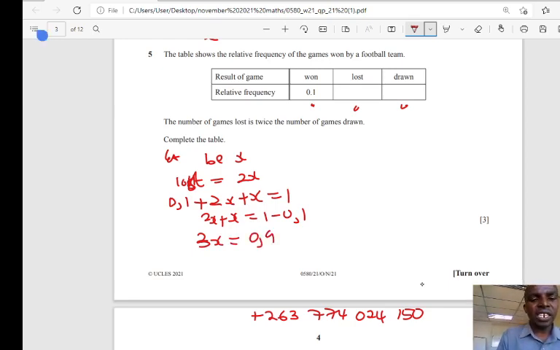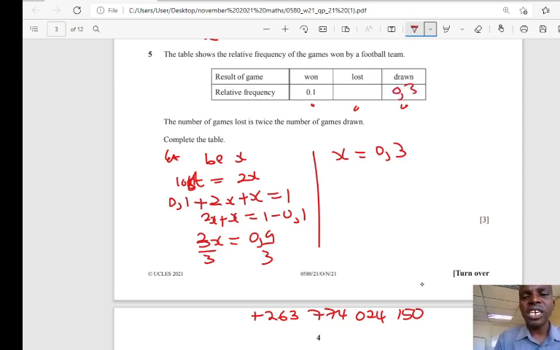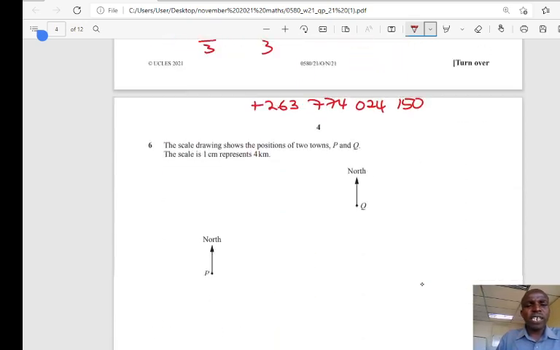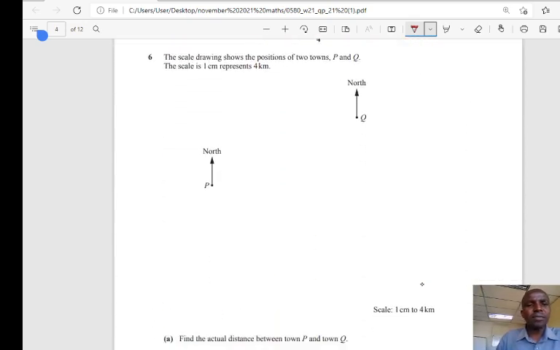Then divide by 3, you get x is equal to 0.3. That's your x. So x represents the relative frequency of games drawn, which means this one is 0.3. And you are told that lost is twice, which means 2 times 0.3, which is 0.6. So this one is 0.6. Then done.